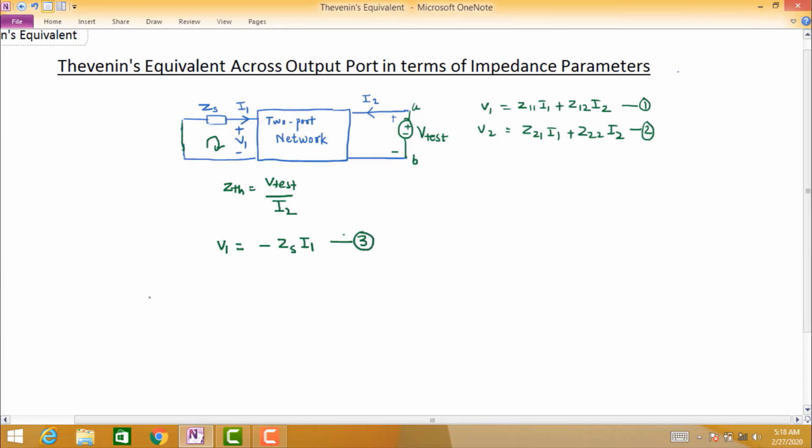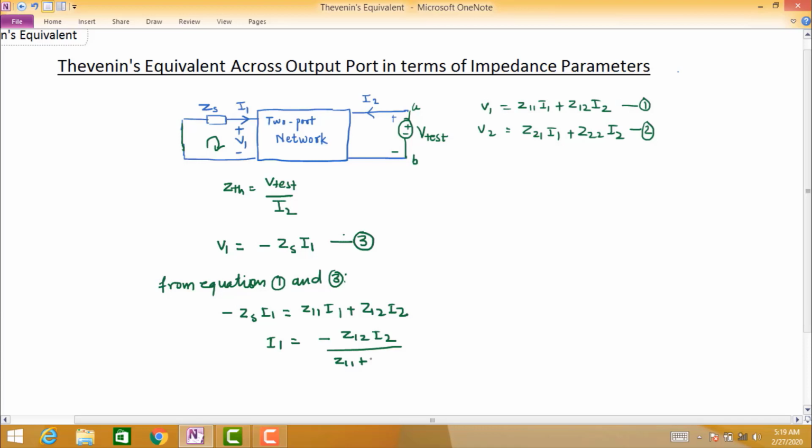From equations 1 and 3, we can write minus Zs into I1 equal to Z11 I1 plus Z12 I2. It will give us I1 is equal to minus Z12 I2 whole upon Z11 plus Zs. Put this value in equation number 2, we will get V2 is equal to Z21 into minus Z12 I2 whole upon Z11 plus Zs plus Z22 I2.